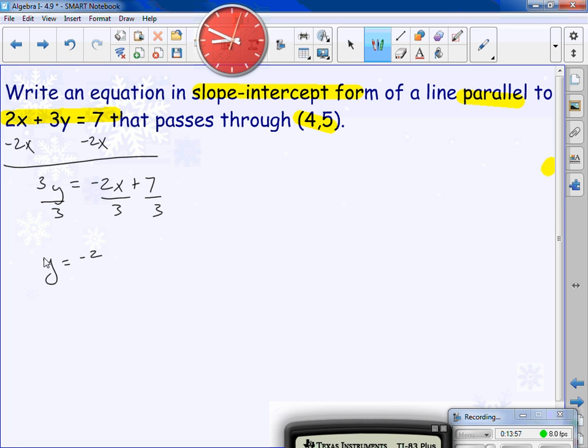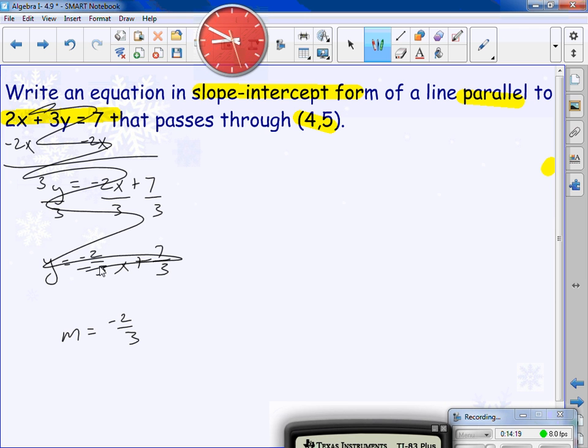Y equals negative 2/3 x plus 7/3. You need to rearrange it so it's in slope-intercept form. What is my slope? Negative 2/3. Once I have my slope of negative 2/3, I don't need this anymore.